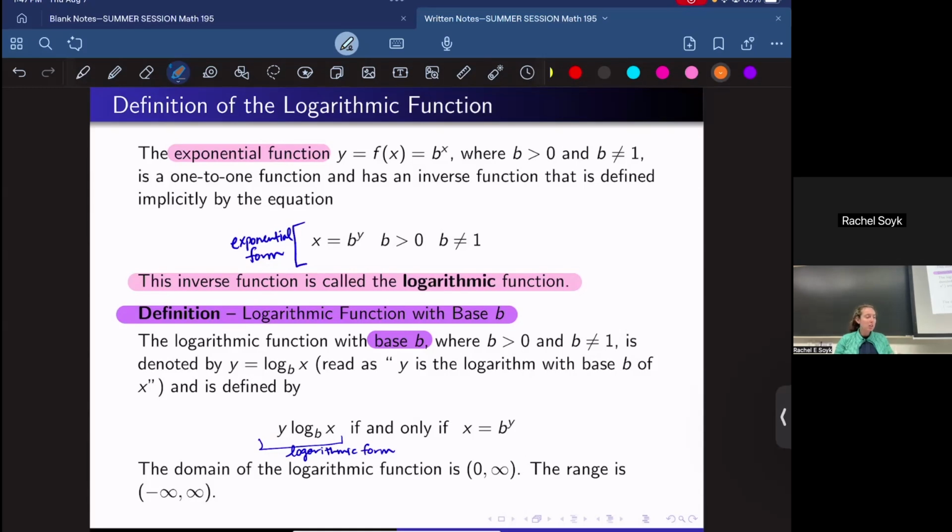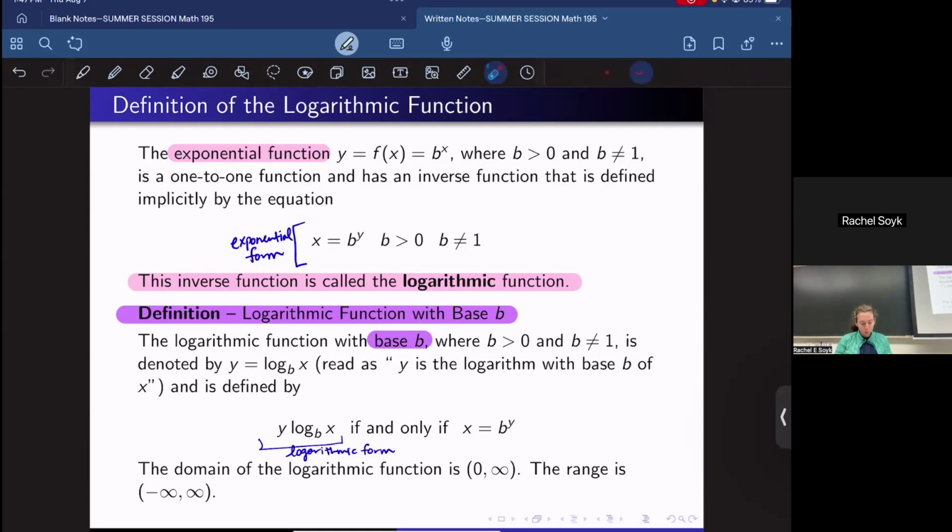But let's say you have a random function, your domain is 1 to 5, and your range is all real numbers. Now you want to find the inverse of that random function. Well, now your domain is all real numbers and your range is 1 to 5. Your domain and range flip when it comes to inverses.